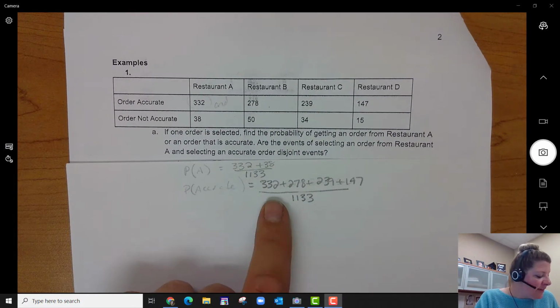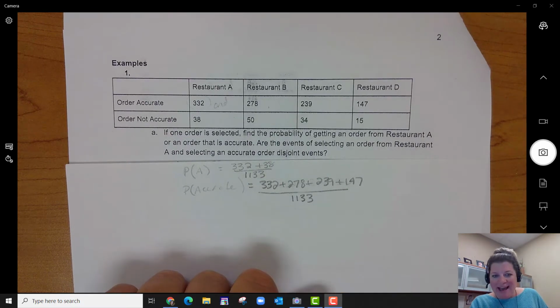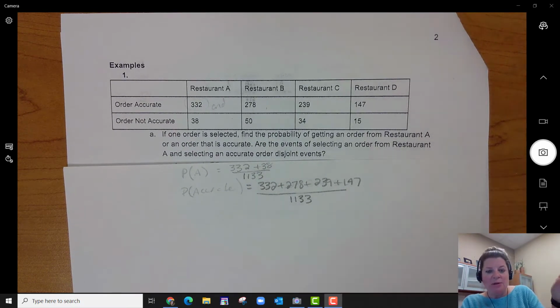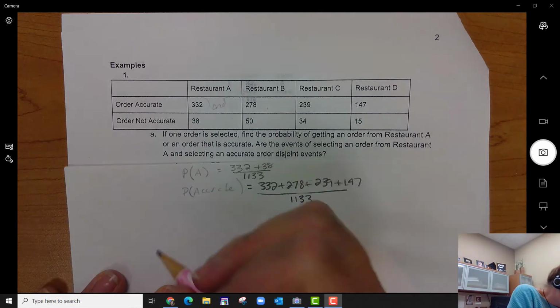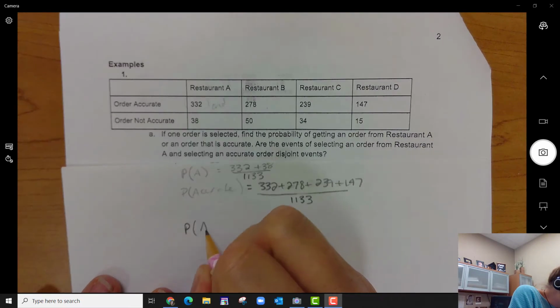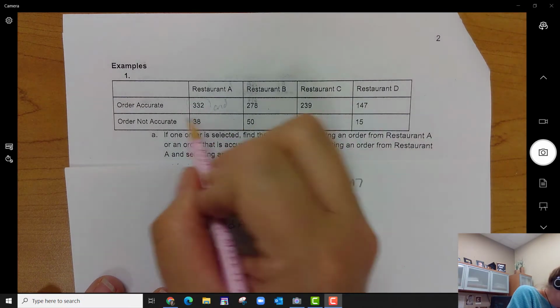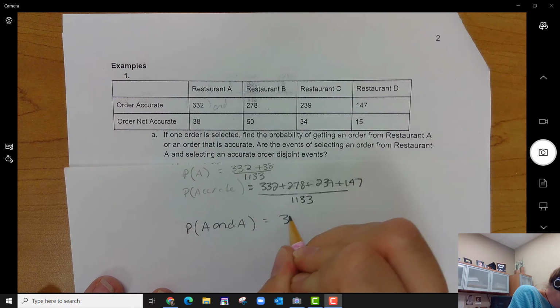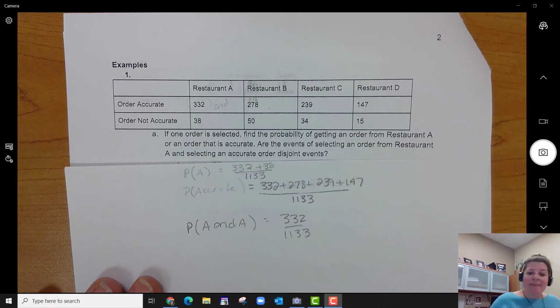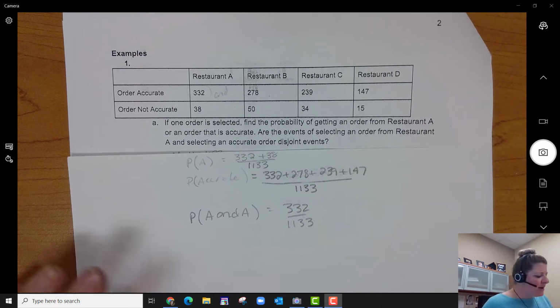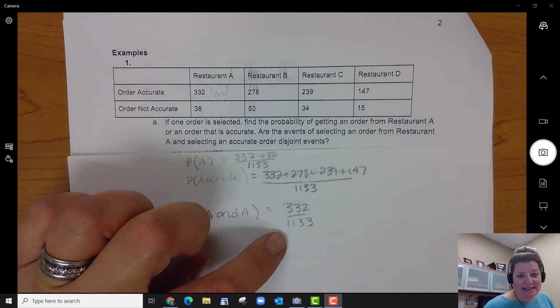Okay, so look at these numbers. Which one am I counting twice? 332. So that's what the directions in the book are talking about with double counting. So where is the probability of A and accurate? That's our 332 out of the 1133. So if I set this up the way it says, I do this one plus this one minus this one.